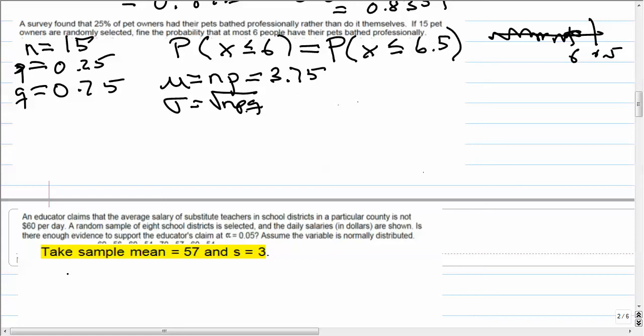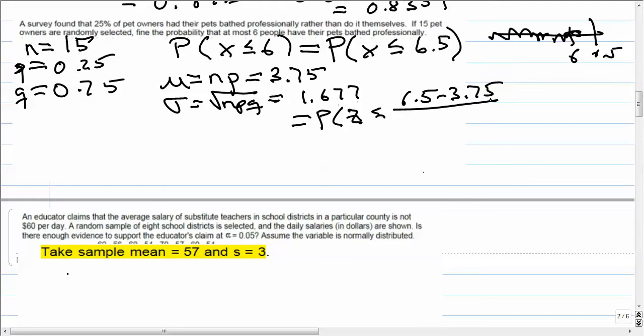If you multiply npq and take the square root, you're going to get 1.677. Now we can use this to convert to the z table: 6.5 minus 3.75 divided by the standard deviation, the square root of npq.